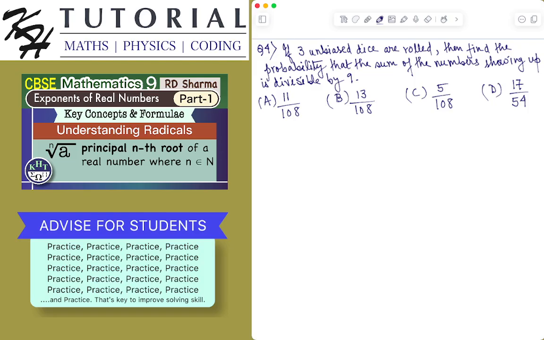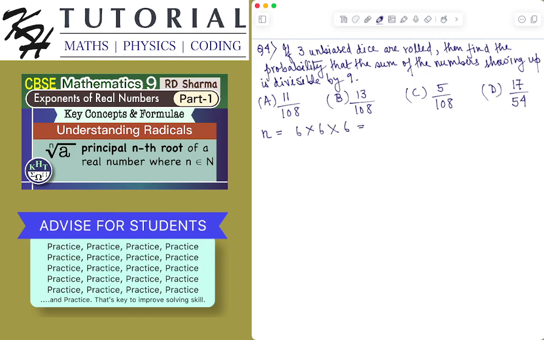Three dice are rolled. So we are having 3 numbers showing up, one on each die. So first of all, what will be small n? Small n will be 6 times 6 times 6, because on the first die there are 6 possibilities of numbers showing up. It could be any number from 1 to 6. Also, the second die will have 6 possibilities and the third die will have 6 possibilities.